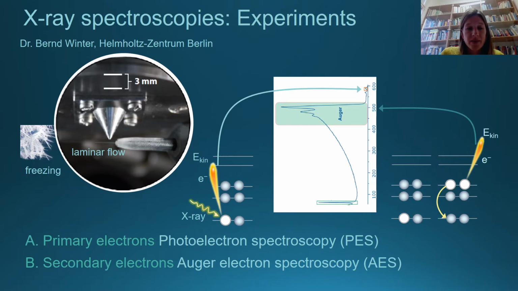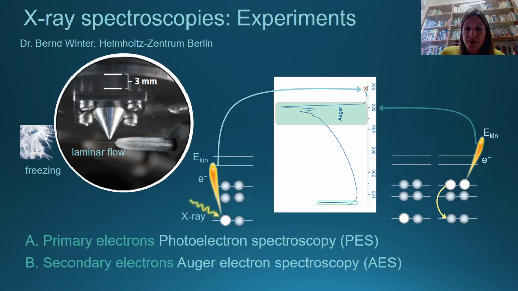However, the strong X-ray can also lead to ultra-fast decay processes in the ionized molecules. In this case, there are the so-called secondary electrons created. The energy of this secondary electron is very different from the energy of the primary electrons, because these are very slow and can be very destructive.